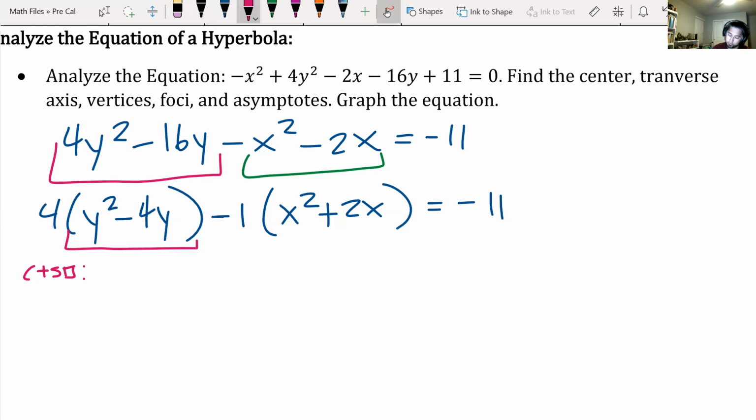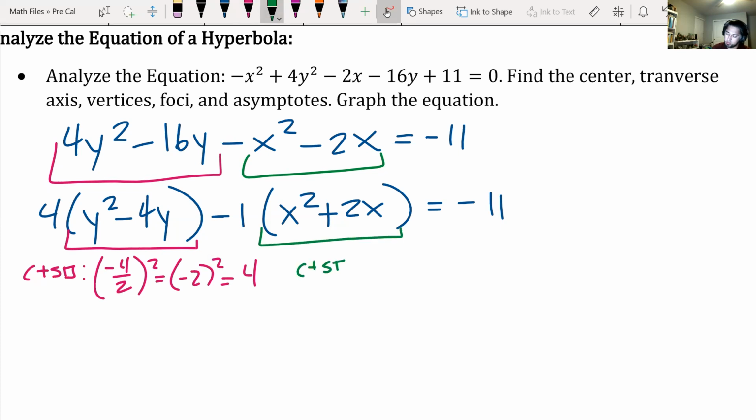We're going to take half of 4 and square it, and I'll get negative 2 squared, which gives me 4. We're going to do the same here. We are going to take half of 2 and square it, which is going to give me 1. Okay, so let's go ahead and rewrite this.